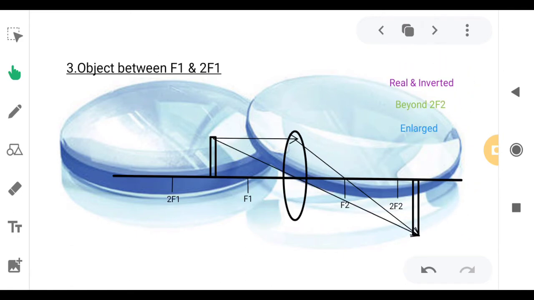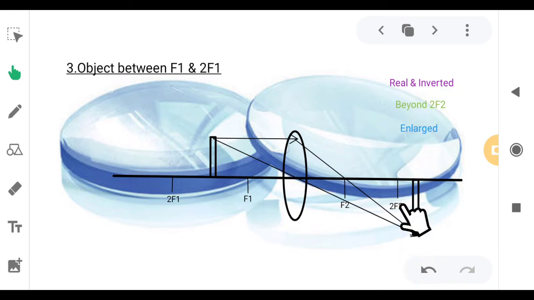Next one is object between f1 and 2f1. If the object is placed between f1 and 2f1, the image will be enlarged, formed beyond 2f2, and it will be real and inverted.